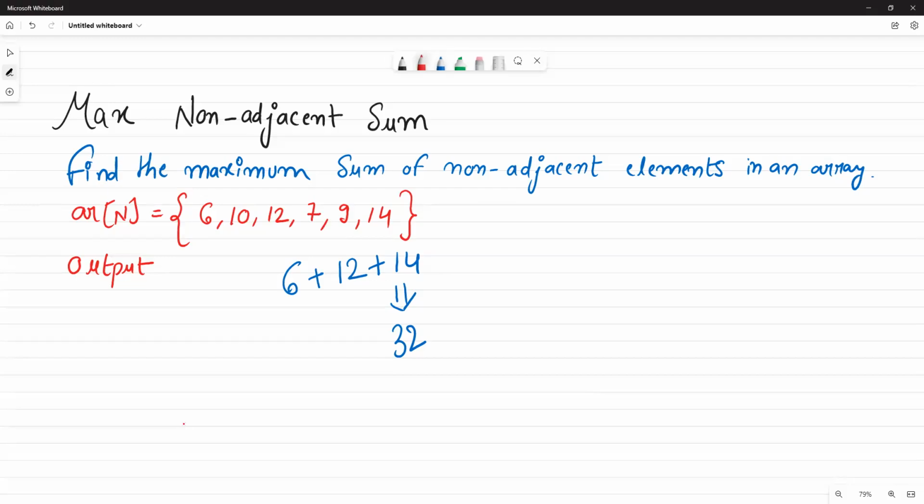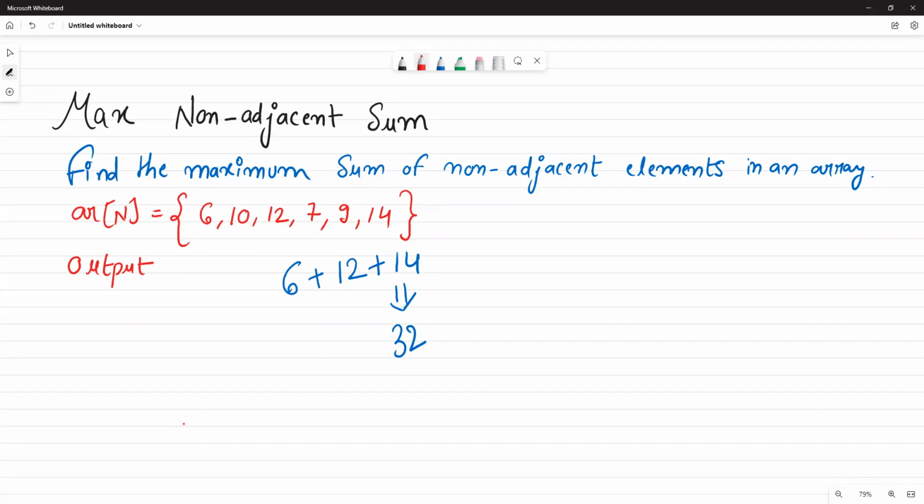How can we reuse this? Yesterday we understood Kadane's algorithm, remember? Was it actually looking like a DP problem? No, but yeah, it was there.